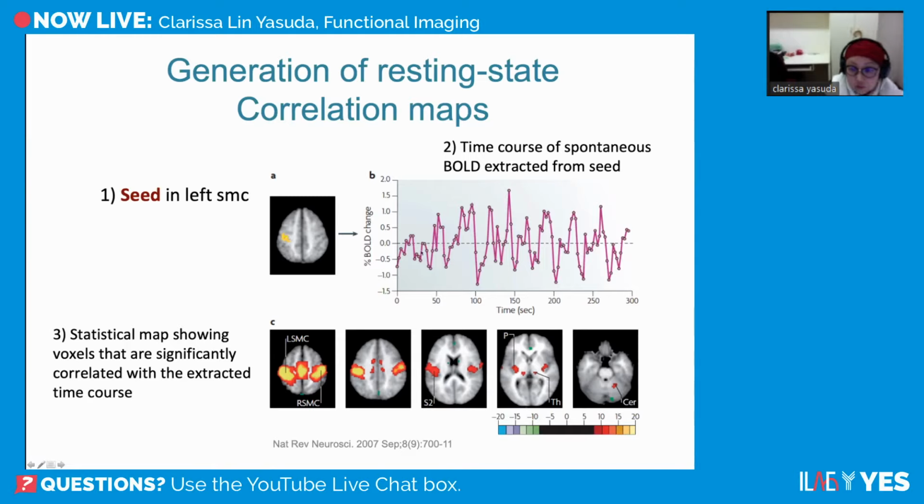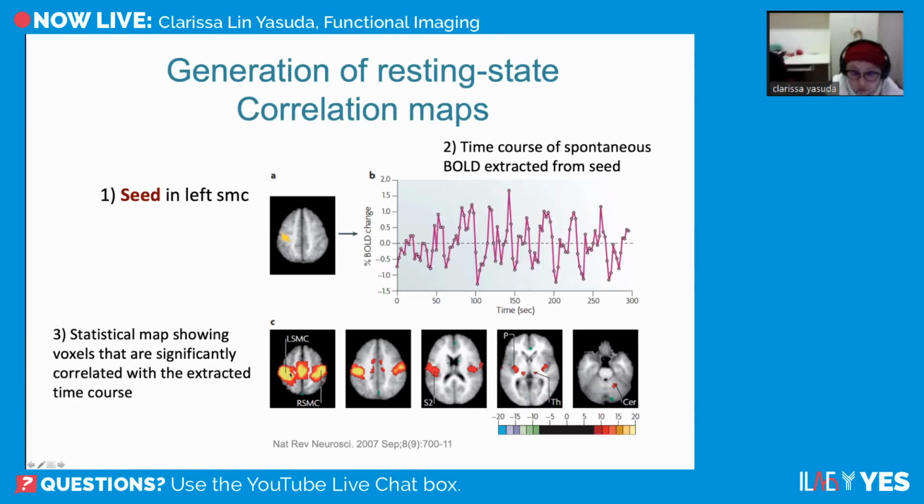You will extract the BOLD signal, which we call the time series, from that region. And then you will use the software to find, in the rest of the brain, the regions that have fluctuated with the same pattern as the region from where you extracted the signal.